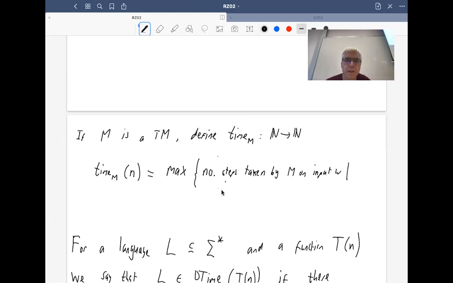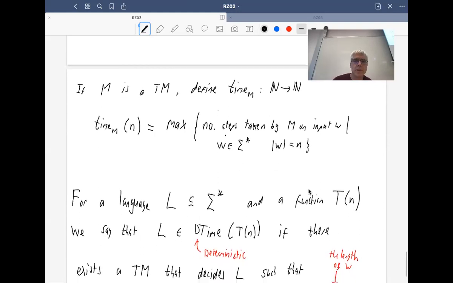This is the maximum over the set of all words W in the input alphabet whose length is n. Okay. So the worst case running time on inputs of length little n.